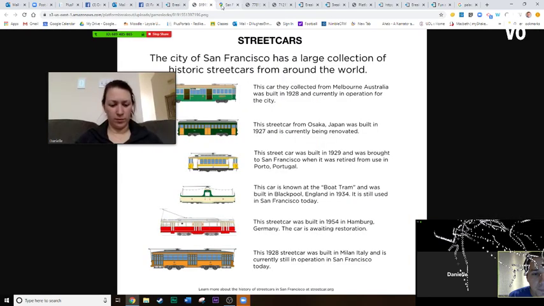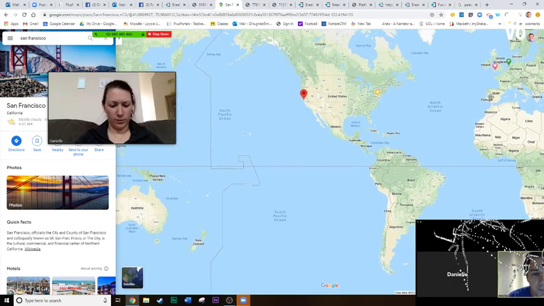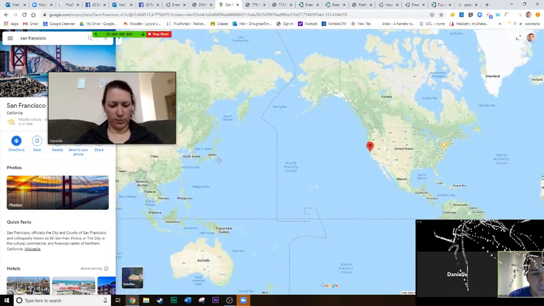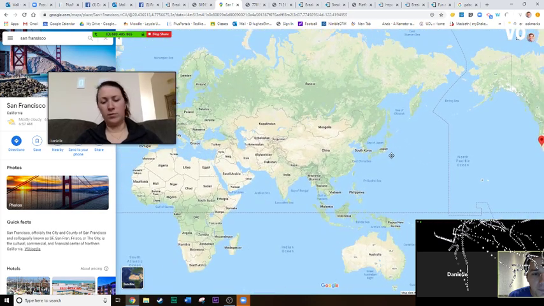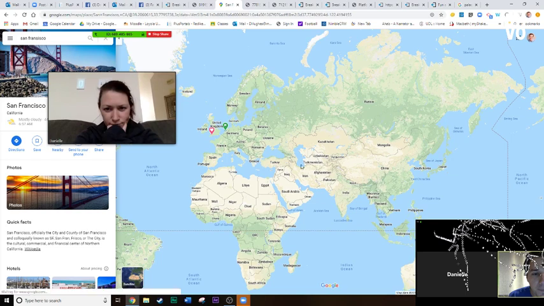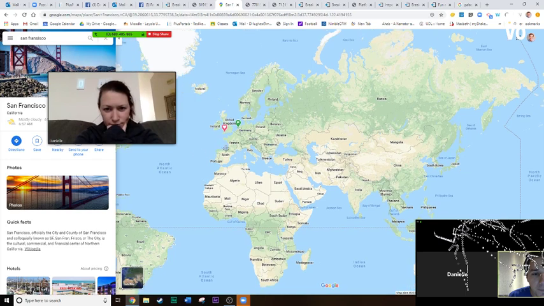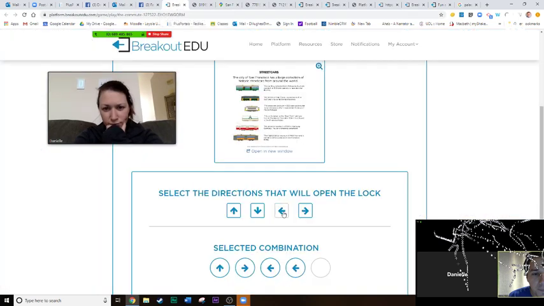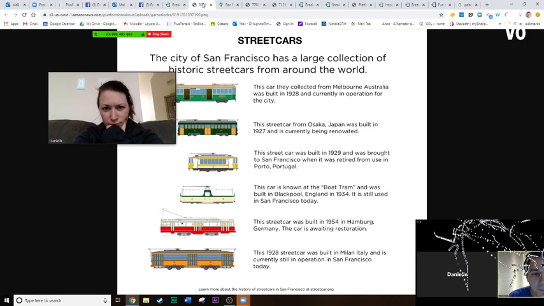And let's go to Hamburg, Germany. Germany is right here. So that would also be going left, it looks like. And then the last one is Milan, Italy.